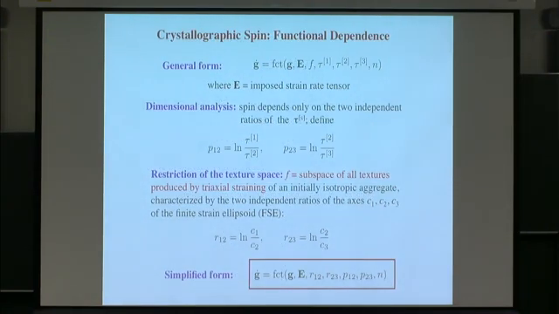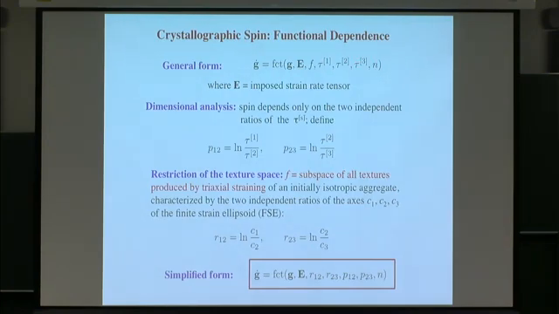So now let's look at the functional dependence of crystallographic spin. So the general form I've written up here is that G dot, remember that's the rate of change of the 3 Eulerian angles, is a function of the orientation of the crystal, the strain rate imposed on the aggregate, the texture that exists already, sort of the background texture, so to speak, the 3 critical resolved shear stresses, and the power law exponent.